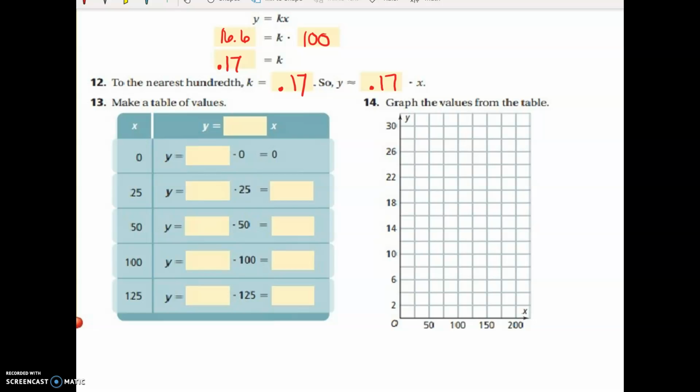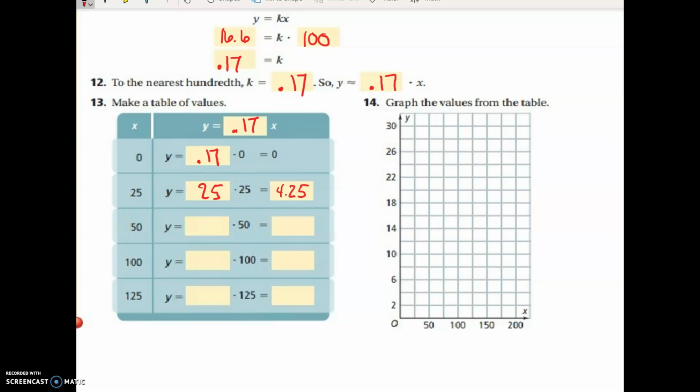So for example, if you weigh nothing, you would multiply that by 0.17, and of course, you would still be 0. So what about 25 here? If we take 25 and plug it in, we would have 4.25.